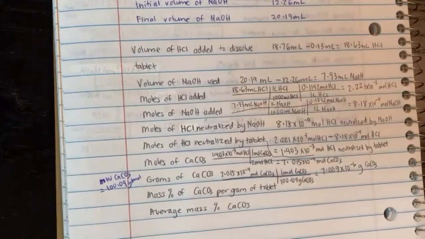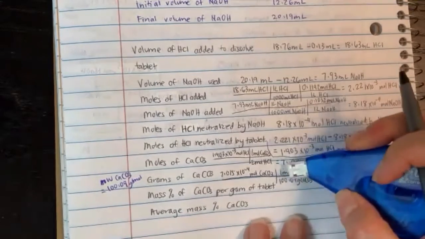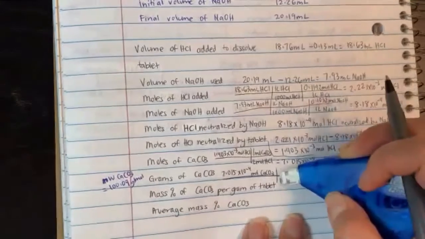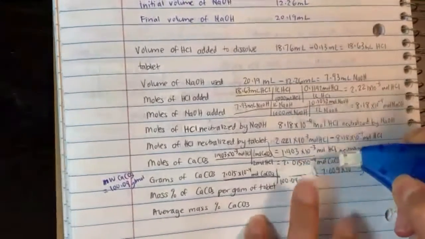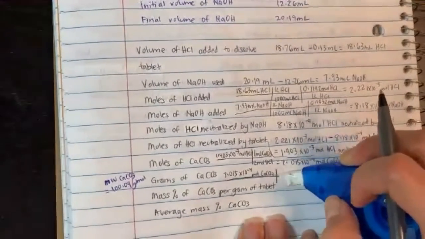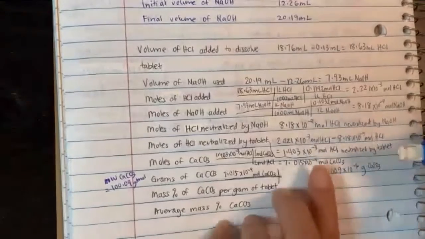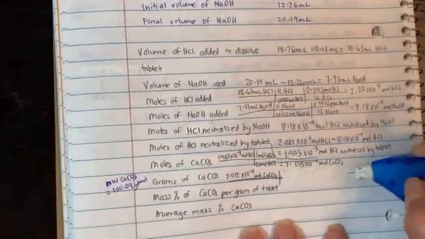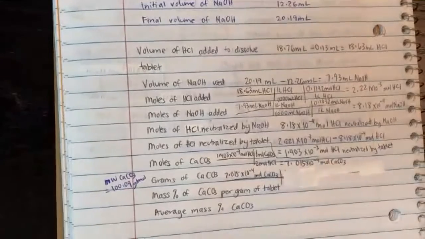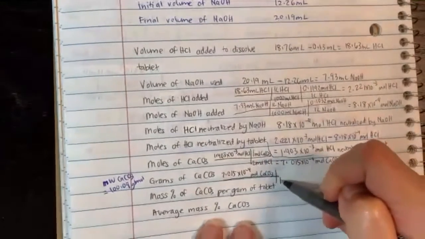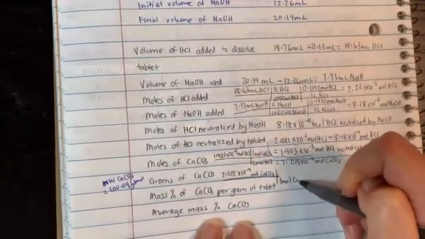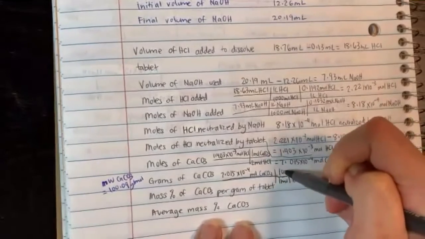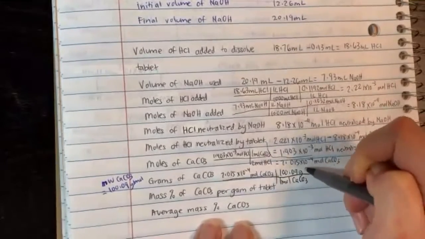Oh, actually, my bad. This was upside down. It's not divide, it's multiply by 100. Hold on a second. Let's fix that real quick. All right, so 1 mole goes on the bottom because I'm trying to cancel out the moles, and I know it weighs 100.09 grams.